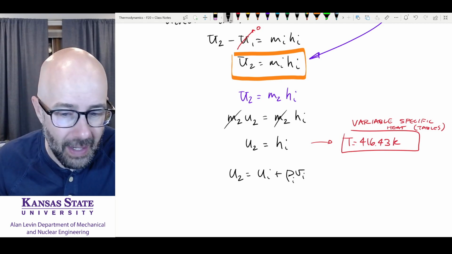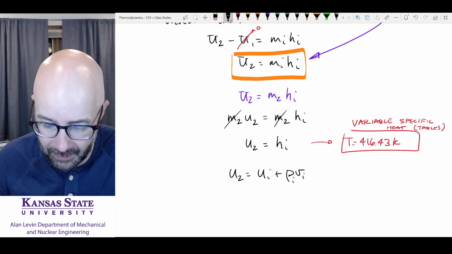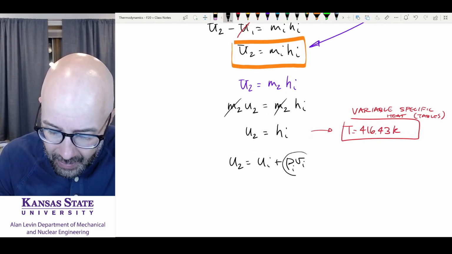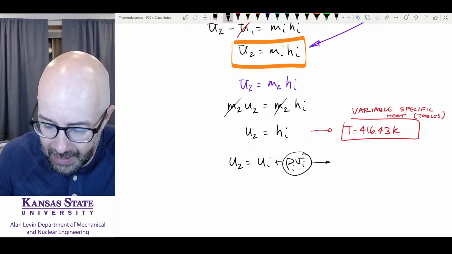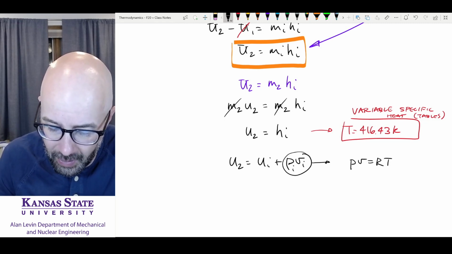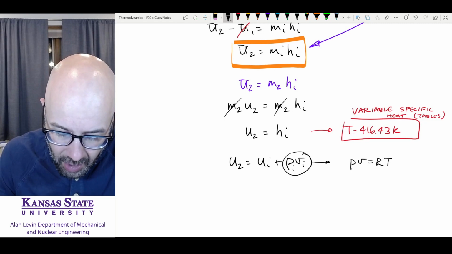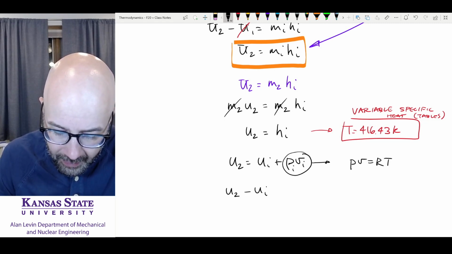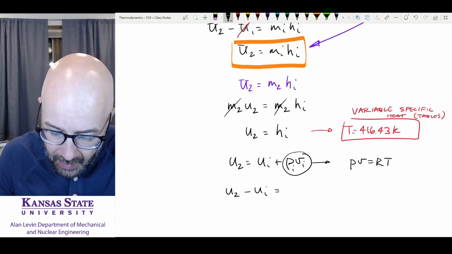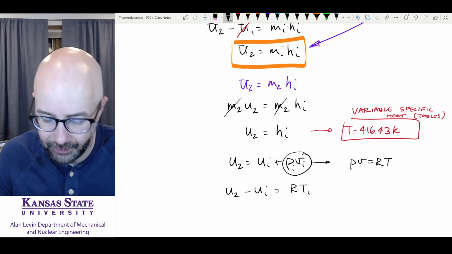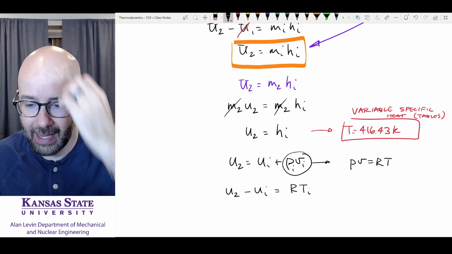And so now what we can do is say this. Well, PV for an ideal gas is equal to RT. And so I'm going to rewrite this equation as U2 minus Un is equal to RTn.